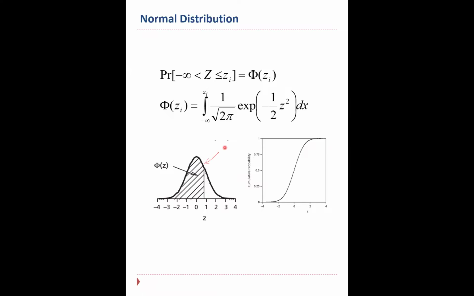So this is the normal distribution function, probability density function g of z. And if we plot the cumulative distribution function, we know that for every distribution, it is a monotonically increasing function which saturates at probability equal to 1.